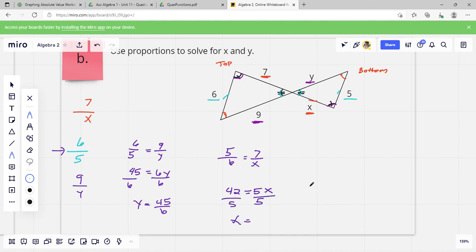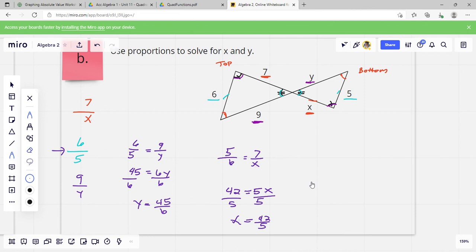X equals 42 over 5. Let me make sure that's how it is in the answer key here. This says 35 over 6 and 15 over 2. I've done something wrong here.